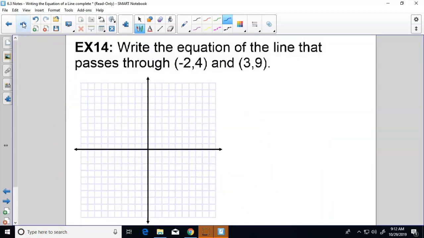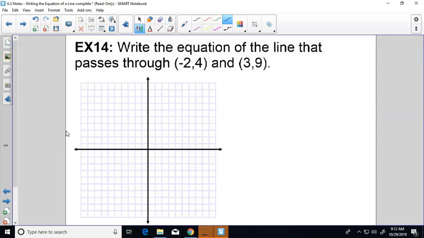Alright, so here's the next thing that we're going to do. So far we were writing the equation with a point and a slope. We also need to be able to write the equation of a line when all we have are two points. Just like the others, this can sometimes be done by graphing.